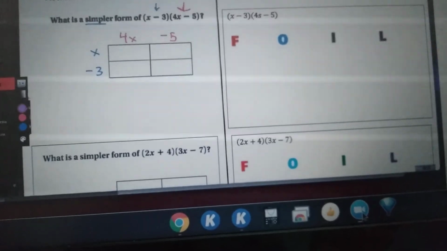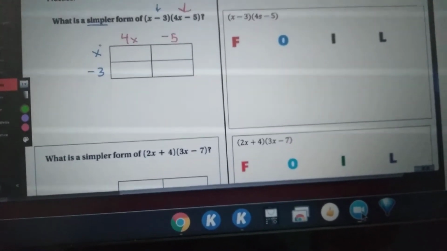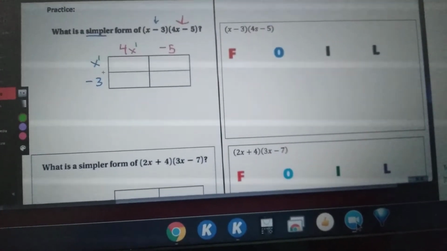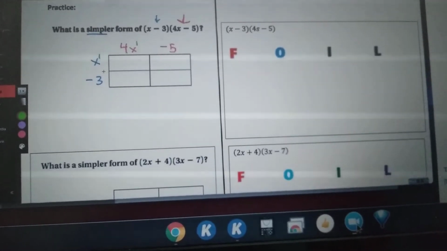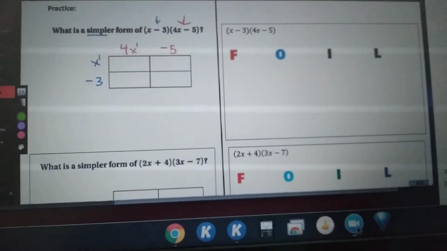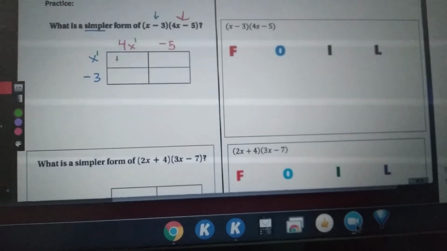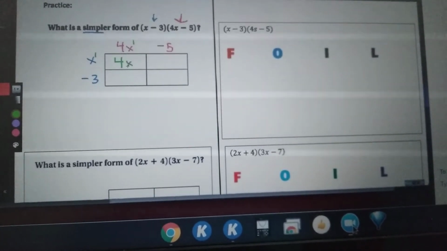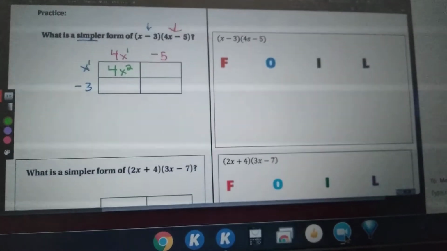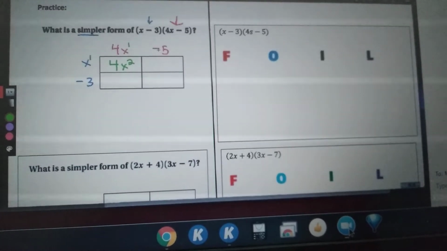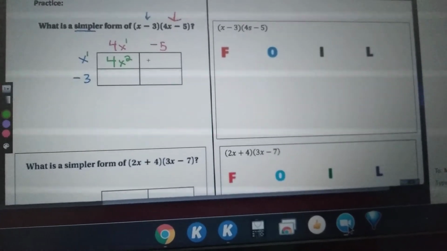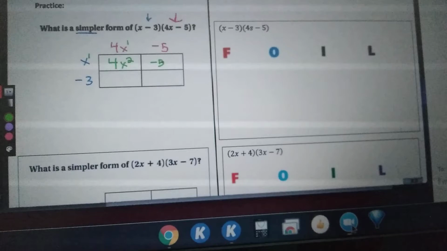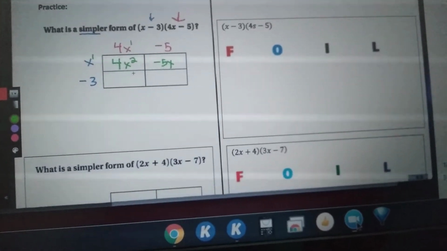So x, first things first, before we do, identify our exponents, 1 and 1. Everybody good? Good. So x to the first times 4x, well, that's just 4, and then x squared. X to the first times negative 5, this has no x, so guess what? It's minus 5, and then x comes along for the ride.